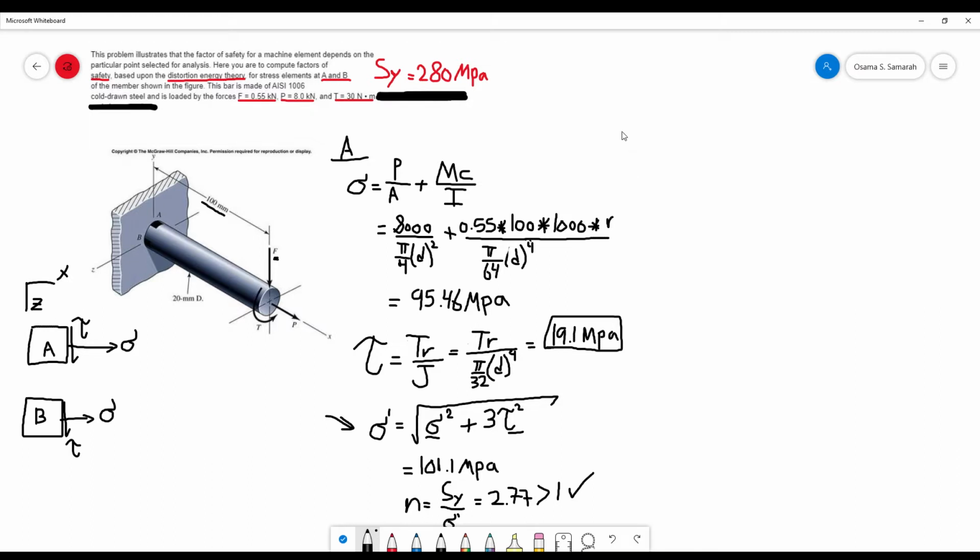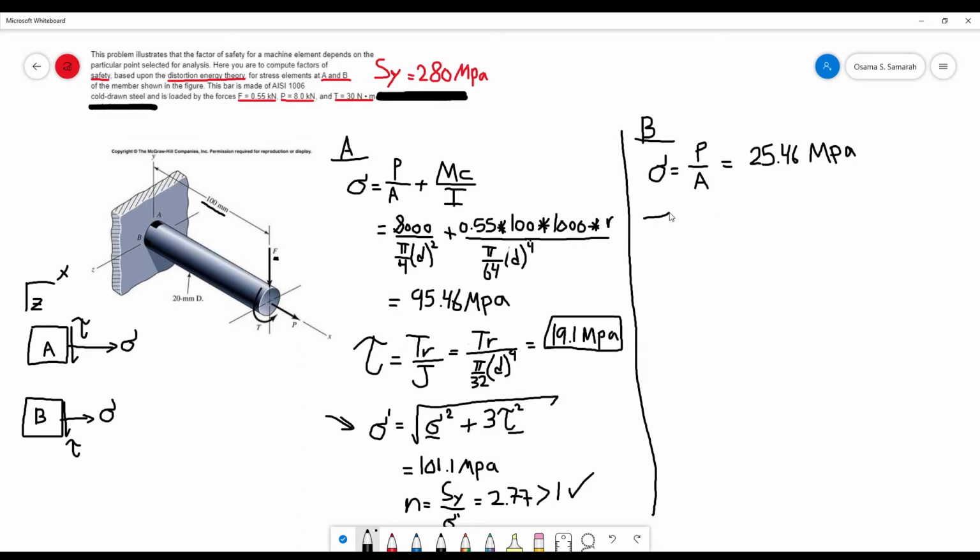So let's go ahead and analyze point B. At point B, for sigma, it's going to be only the tensile force, which is P over A, A being the cross-sectional area of the bar, and this will come out to be equal to 25.46 megapascals.